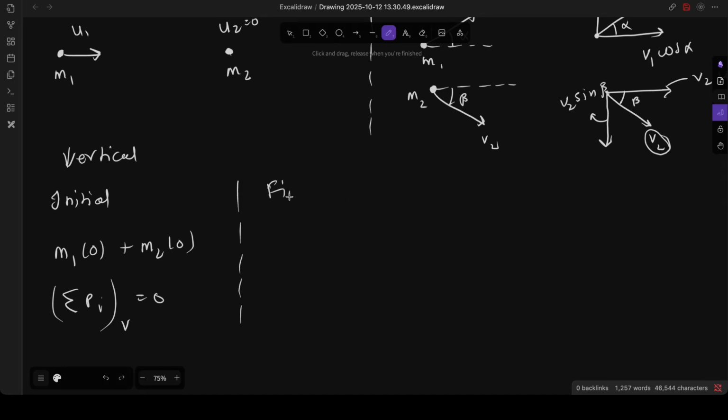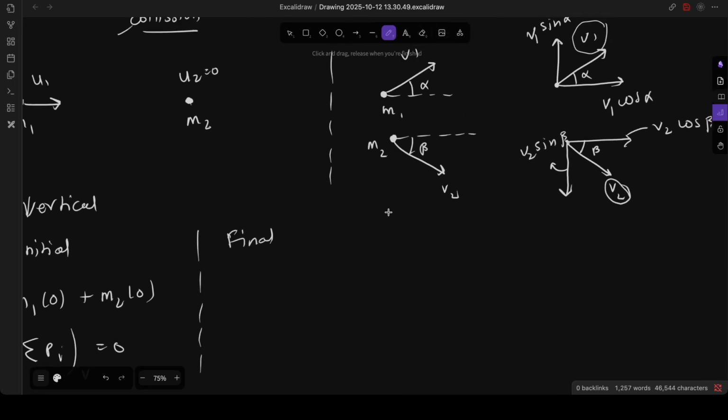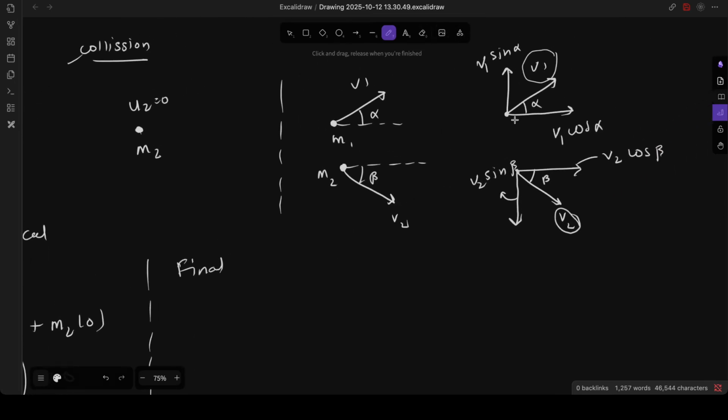Now in final, that means after the collision, let's talk about the vertical. The momentum of mass m1 in the vertical direction is m1 v1 sin alpha, and for m2 it is m2 v2 sin beta.